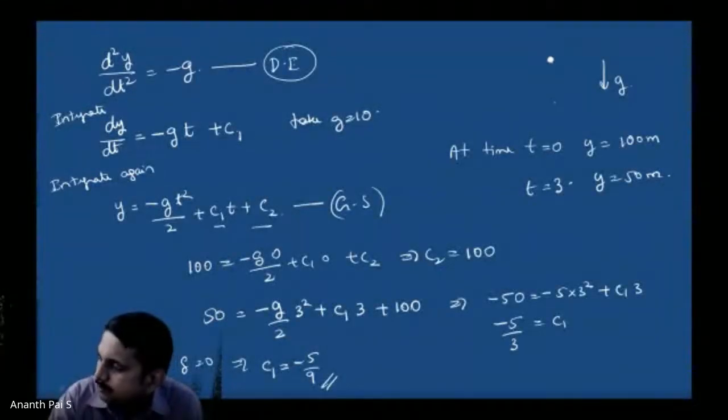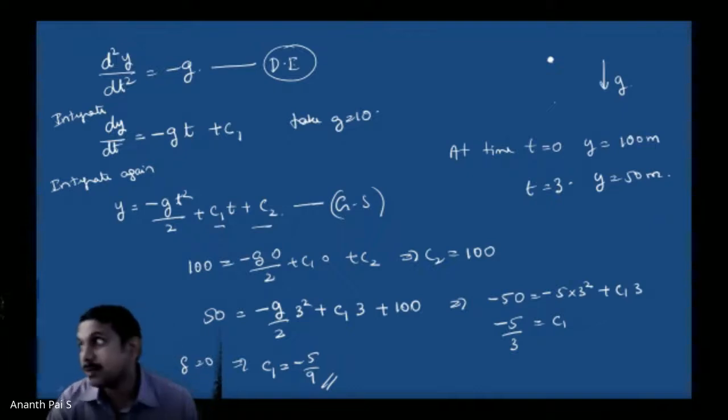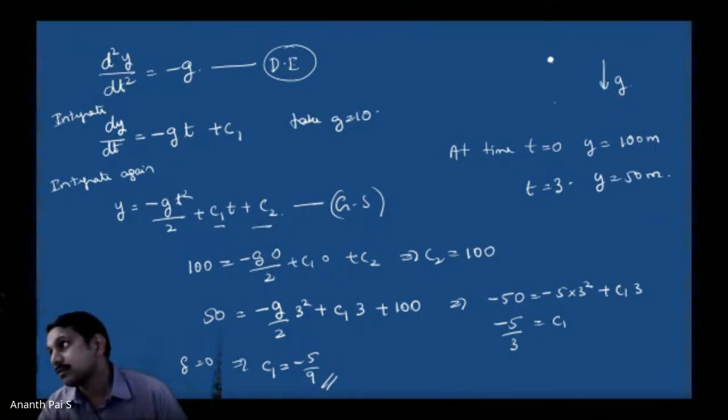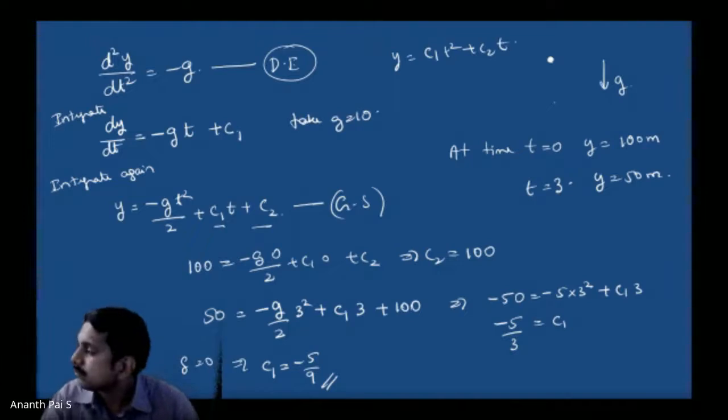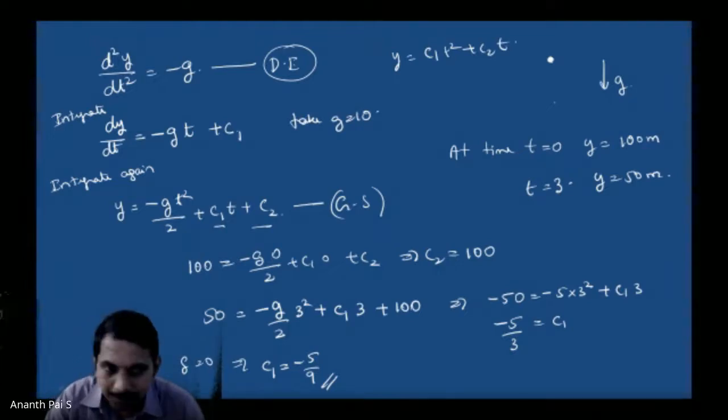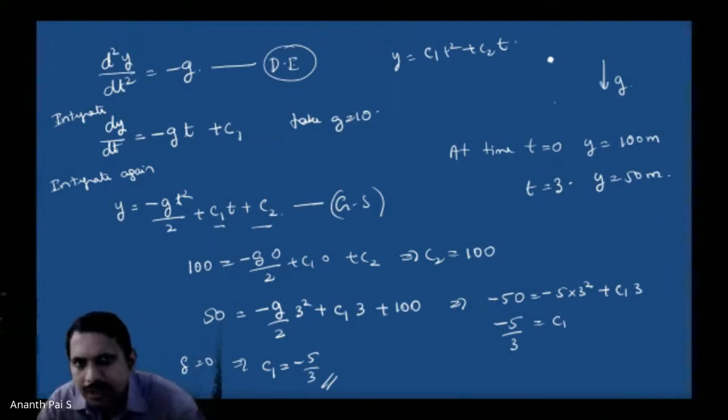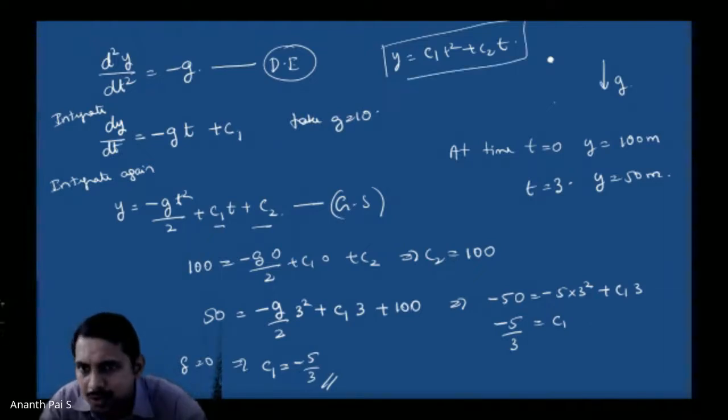T square by 2 can be taken like the basis. But if you take that, shouldn't both be independent? It will be. We can frame this one also as y is equal to C1 into T square plus C2 into T. Let us do this, because T square is also a solution of this.